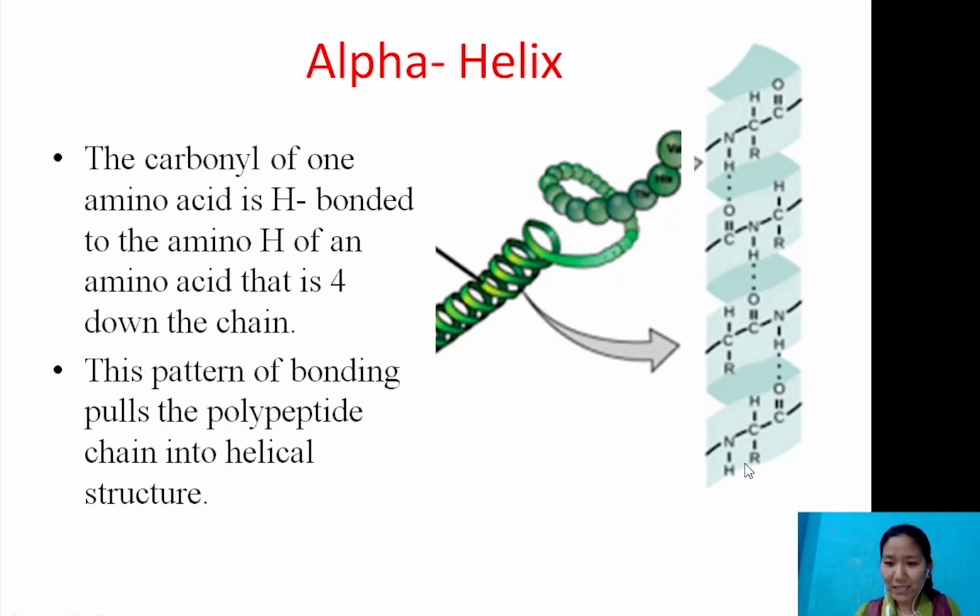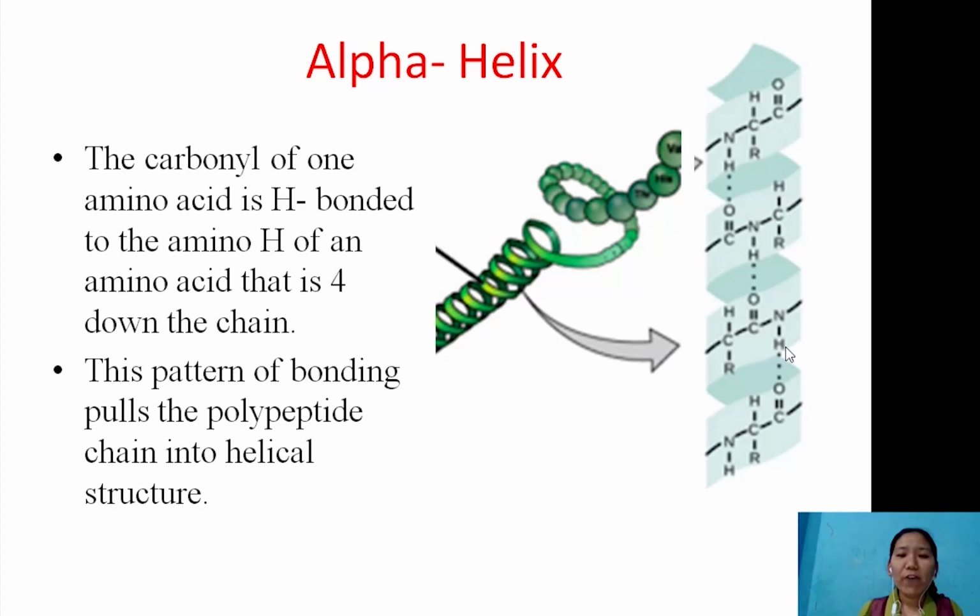This is one amino acid, having NH, the amino group, and then C, R, that is a side chain, and then the carboxyl group, so we have a CO. This carbonyl group is bonded with the amino group of the other amino acid through a hydrogen bond. Because of this pattern of bonding, it pulls the polypeptide chain into a helical structure.